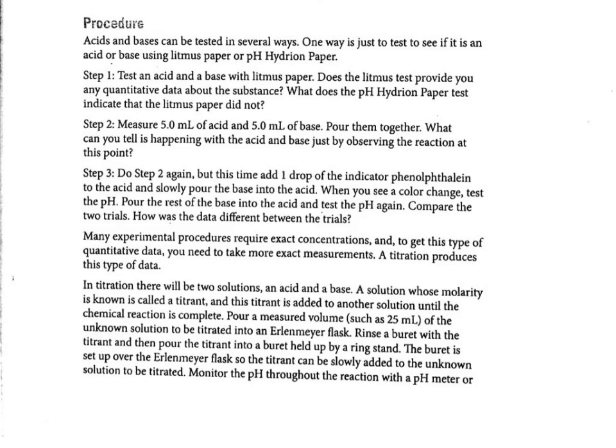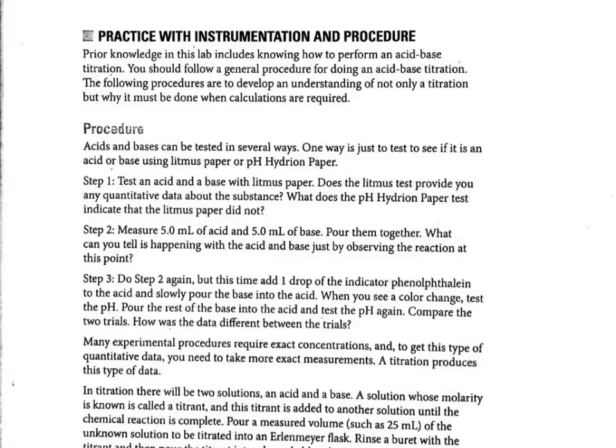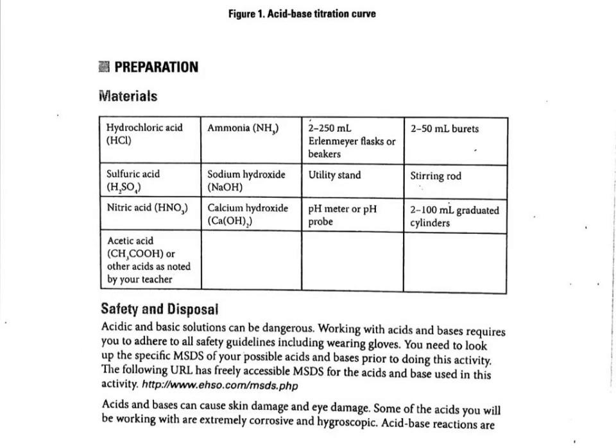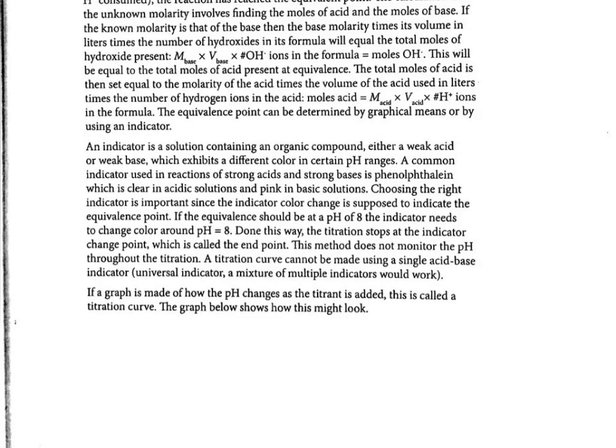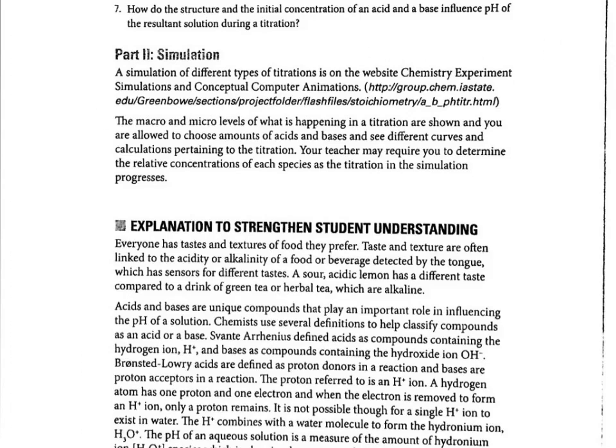If not, if you just weren't able to get your group data that first day for the practice, what you could do, and I would be okay with this, is go back to the pre-lab and look at the simulation that they give you here, the Part 2 simulation.